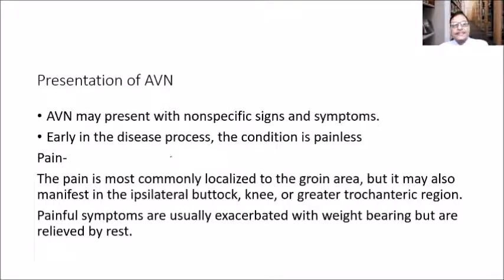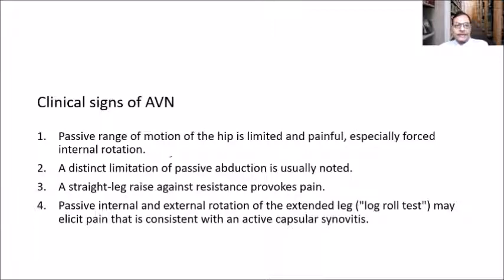And what are the signs and symptoms? There may not be any signs and symptoms. If at all, it is pain localized in the groin area. But it can also manifest in the ipsilateral buttock, the same buttock, knee, or greater trochanter. So very non-specific pain sites are there. There are some clinical signs that tell you about AVN post-reduction after 6 to 8 weeks.